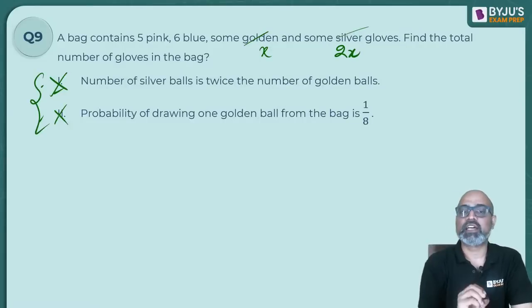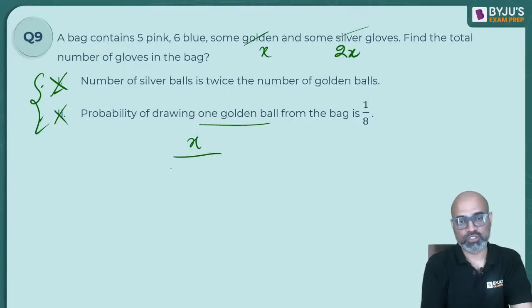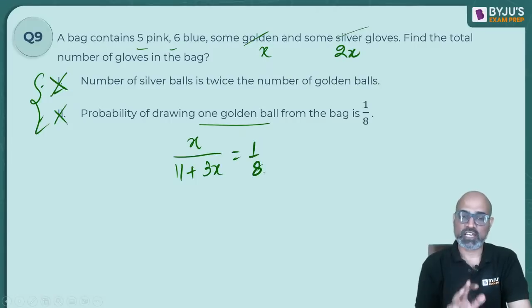So if I club them, so the probability question, probability में golden ball is going to go in the numerator, and in the denominator you will have total number of balls, right? So 5 plus 6, which is 11, plus 3x, this is given as 1 by 8. Shall I solve it? No. वैसे गड़बड़ है.